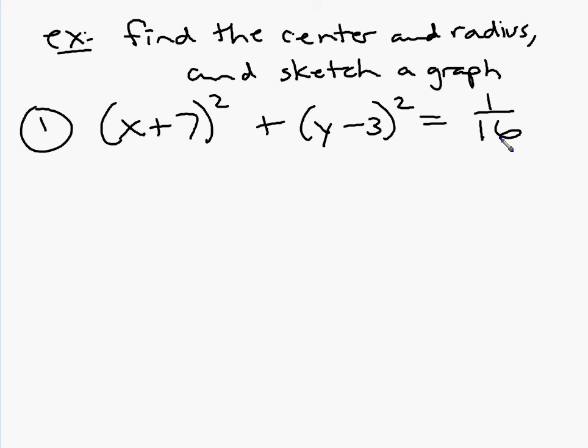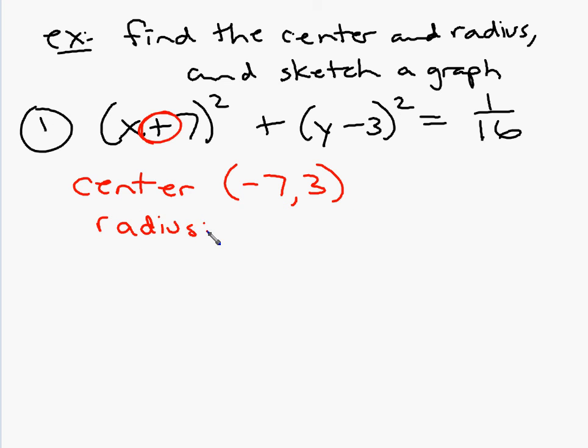Well, what's the center? It's not 7, 3. Remember, if this is a plus, it has to be a negative 7. So it's negative 7, 3. What is my radius? You got to think the square root of that, right? So isn't that 1/4? The radius is really small.